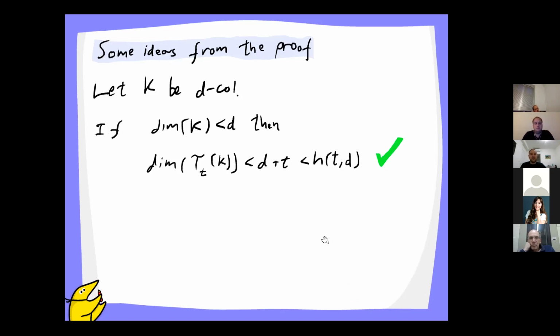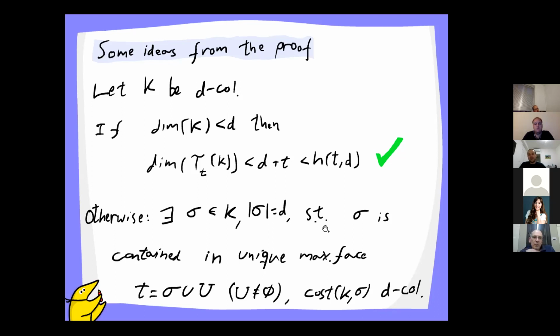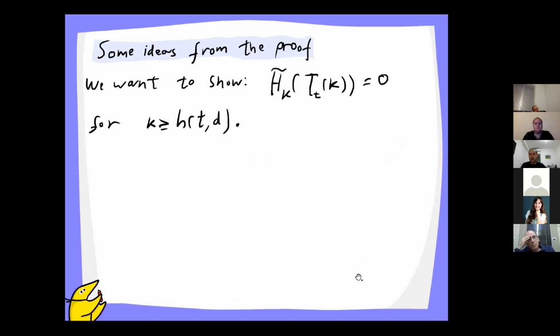And the second possibility is that we have a simplex sigma of size d contained in a unique maximal face tau, such that the costar of sigma is d-collapsible. In this case, just a reminder, we want to show that the homology groups of this t tolerance complex are 0 in dimensions larger than this number HTD. We actually have to show this for this complex and also for its induced subcomplexes.